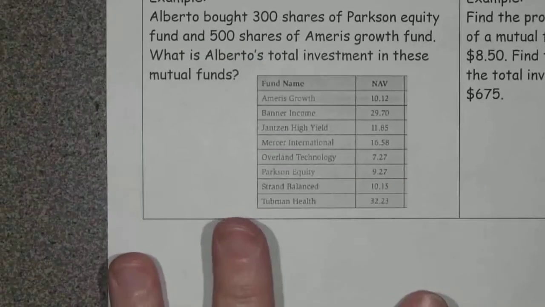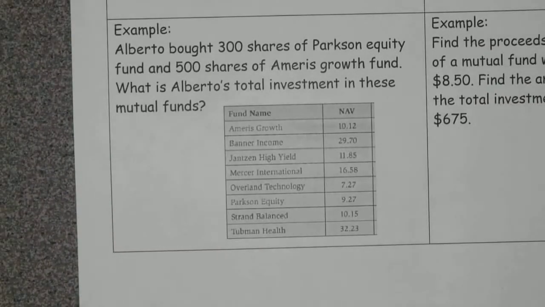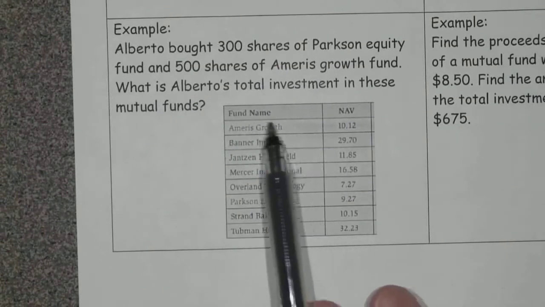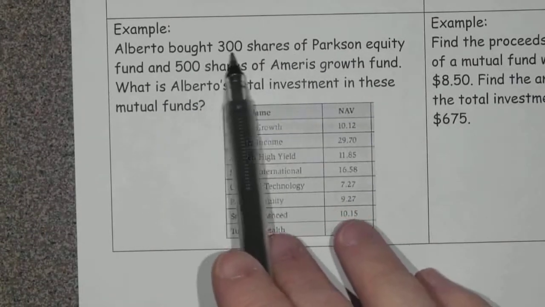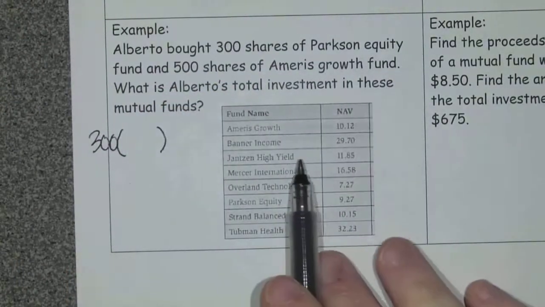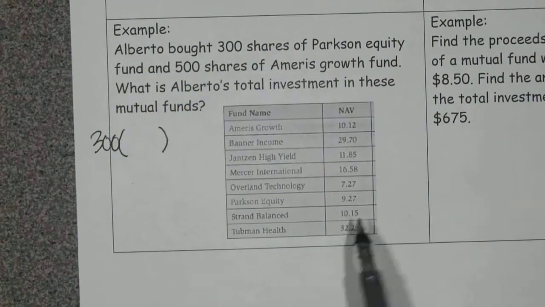All right, 2 more. Alberta bought 300 shares of Parkson Equity and 500 shares of Maris Growth Fund. What is Alberta's total investment in these mutual funds? So here's your NAV, the value of it right now on these mutual funds. So if you bought 300 shares of Parkson, you'd have 300 times 927.